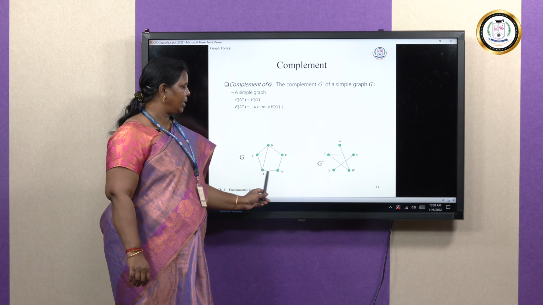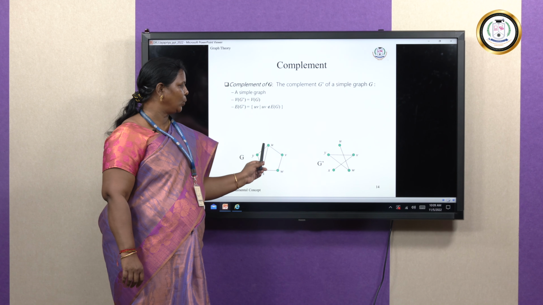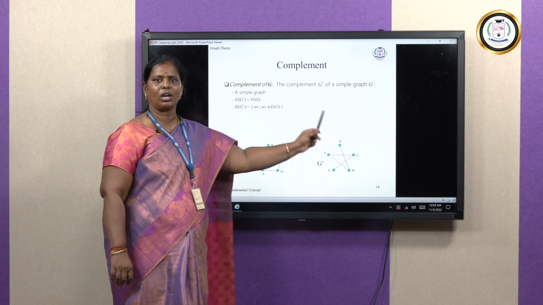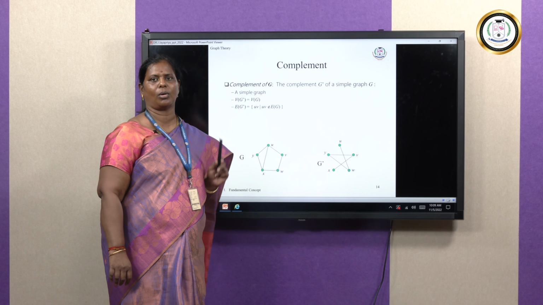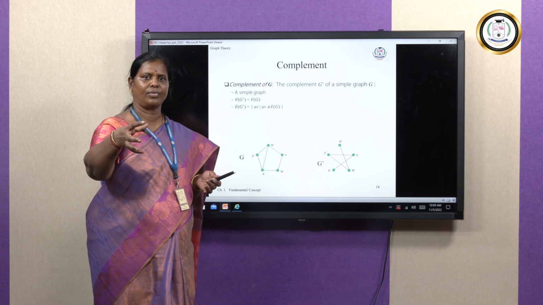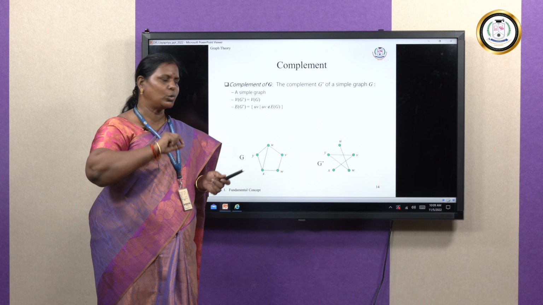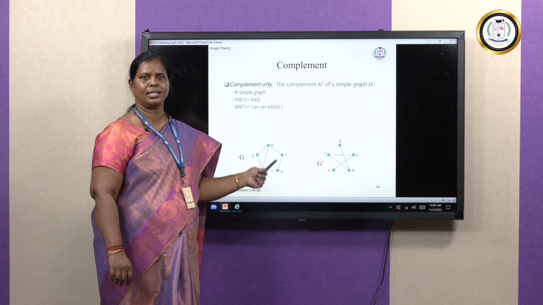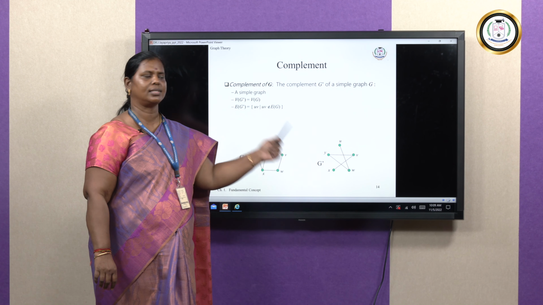Looking at the adjacency, whenever U and V are adjacent, they should not be adjacent in the graph complement. So we get a graph from a given graph such that whenever two vertices are adjacent in G, they are not adjacent in G dash.